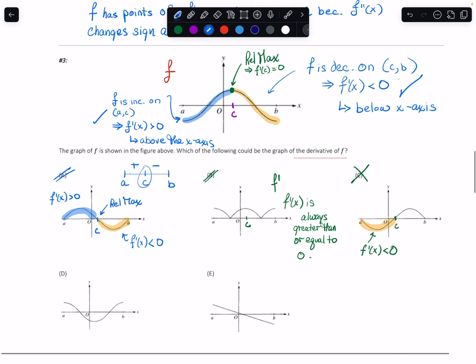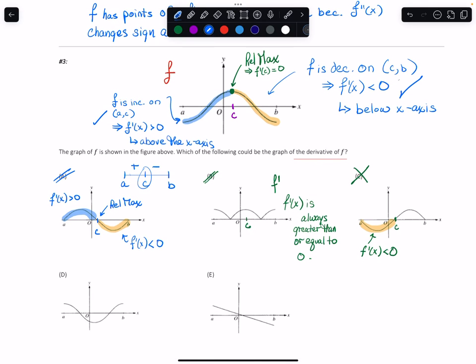For example, if you look at D, again I'm thinking of this as being f prime. Here would be a relative max on f. Here would be a relative min. When I look at the graph of f up here, there is no relative min.